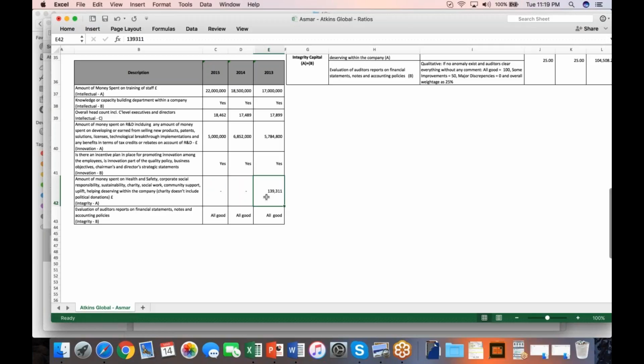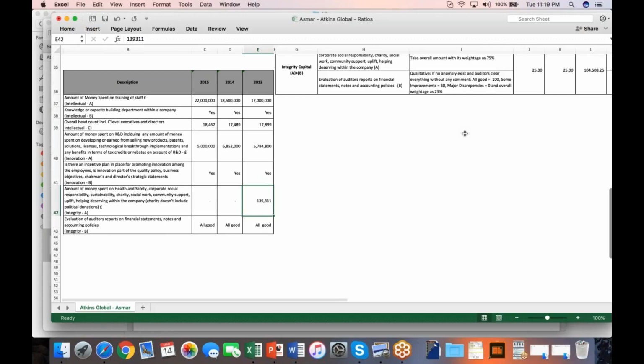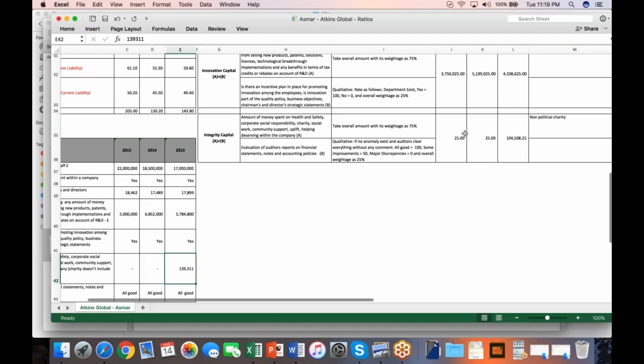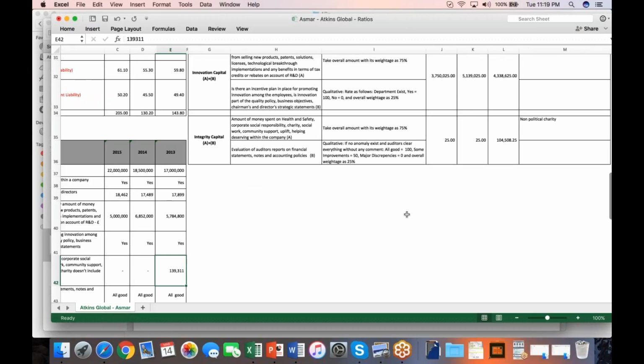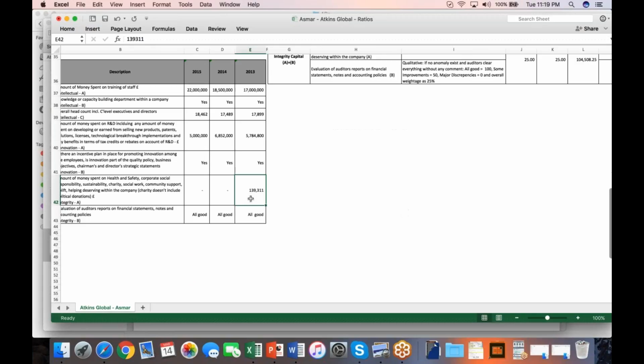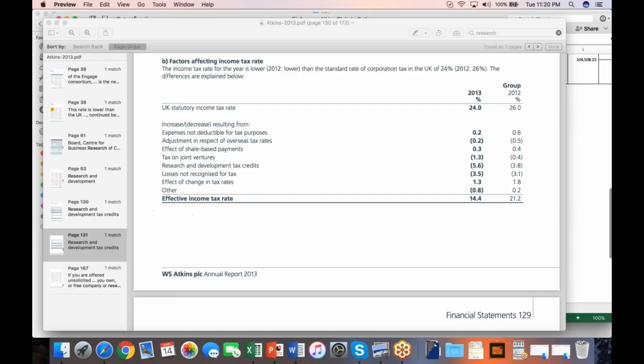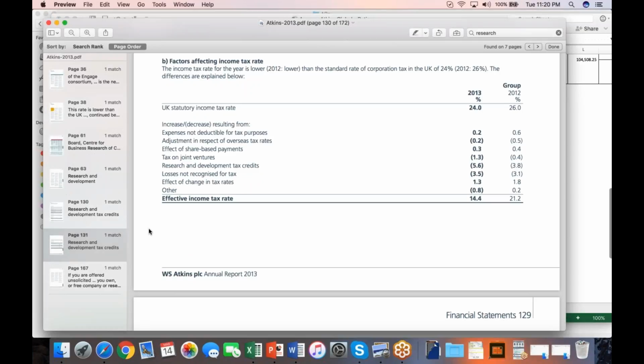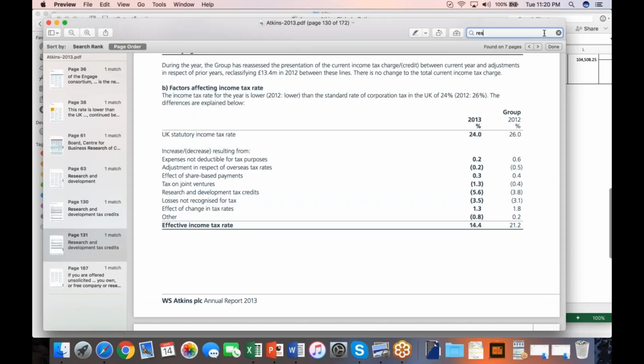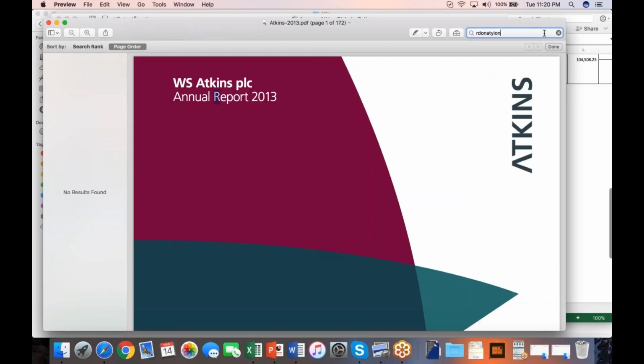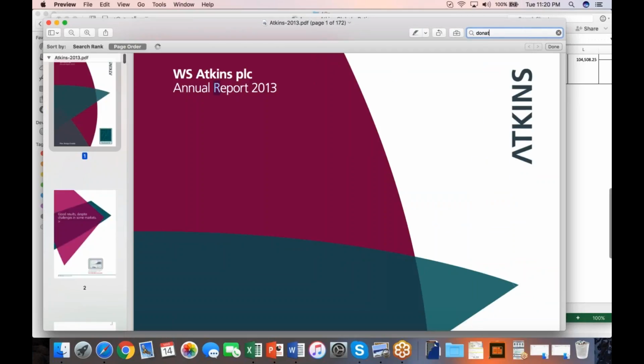What I have done is take one element, donation, and mention it here as non-political charity. In 2013 Atkins spent 139, because this is a big thing. If I open the 2013 report and do Control F for donations, by the way, they do a little bit of political donations also. There is a little bit of hanky-panky going on in their accounts.